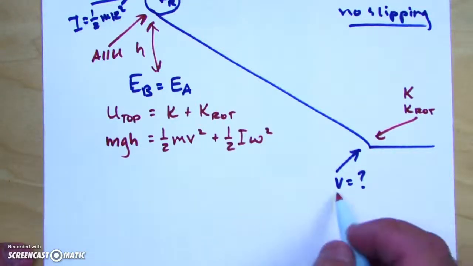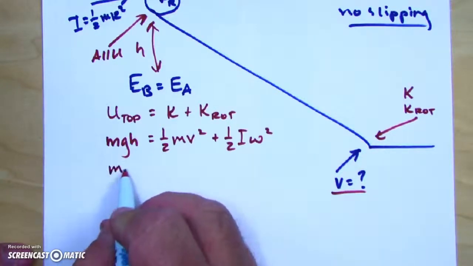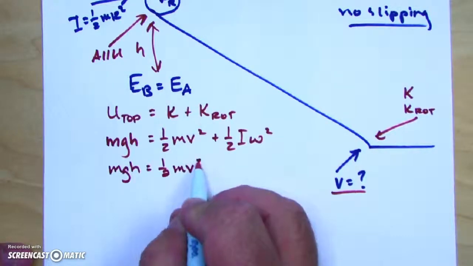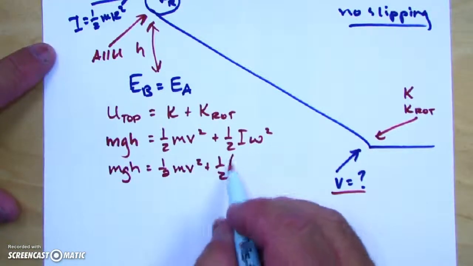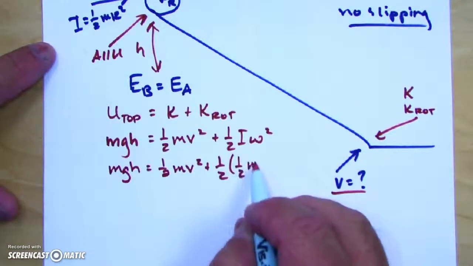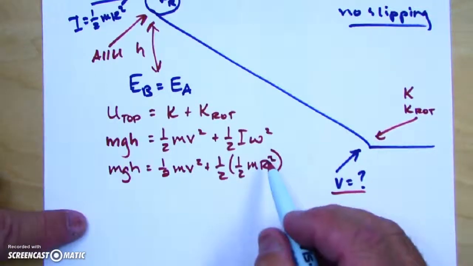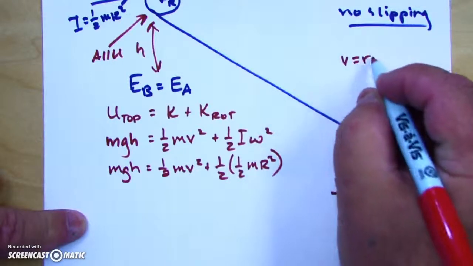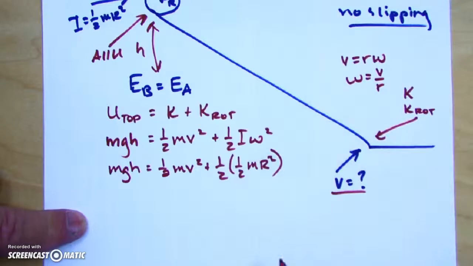Again, I'm trying to find v, so mgh is equal to 1/2 mv squared plus 1/2, well, I is 1/2 mr squared times omega squared, and here's where that bridge equation helps us. v is equal to r omega, so therefore omega equals v divided by r.